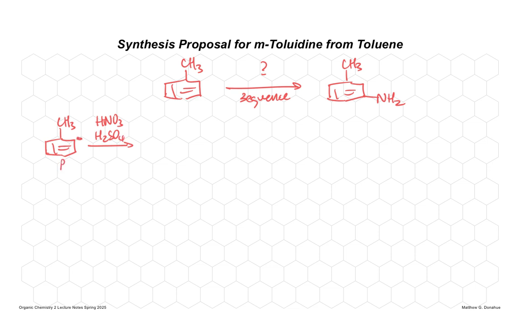And we'll just assume for the sake of argument, although this could be different if we actually did it in the lab, that this is going to give us predominantly the para isomer.